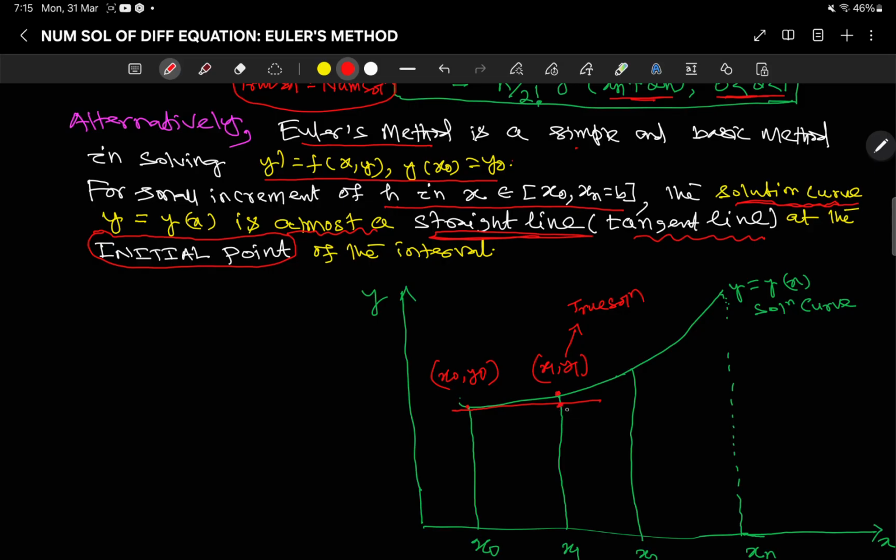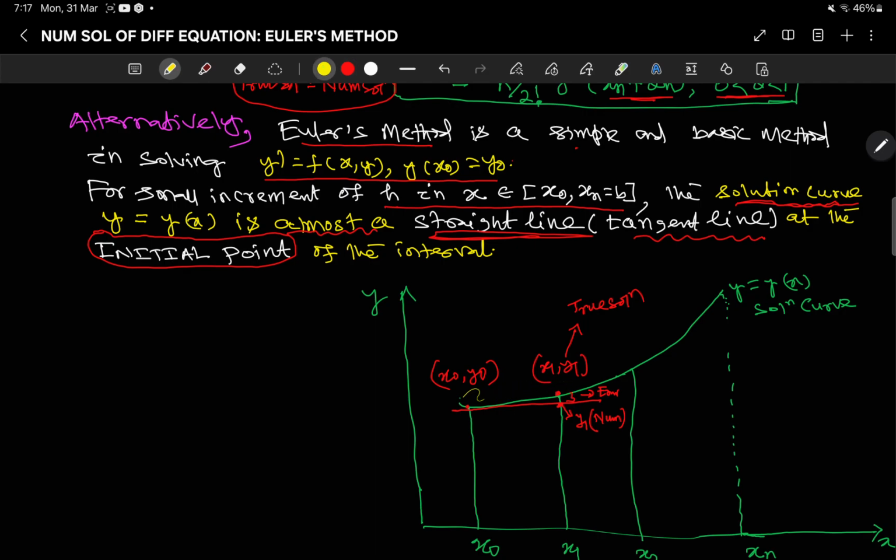So now this is my y1, which approximates the numerical solution, and consequently this gap is the error, is it not? This is your error.